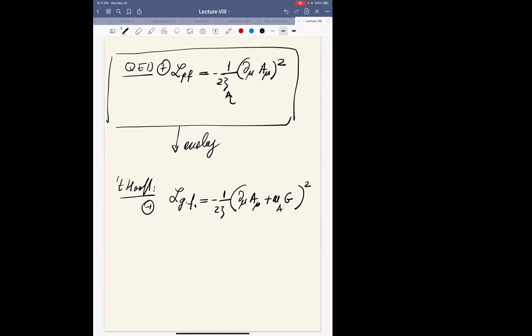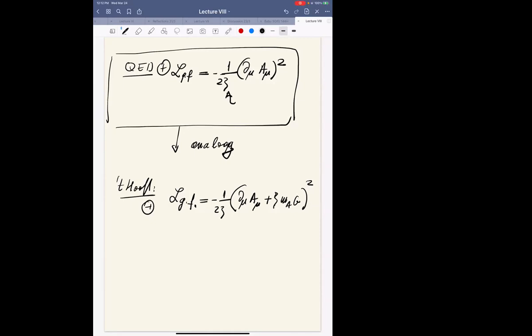So I'll write like this, and I will put, in order to emphasize it, plus xi M_A G, squared. Analogy with QED. Very useful gauge, this one. We'll have the xi parameter to deal with.